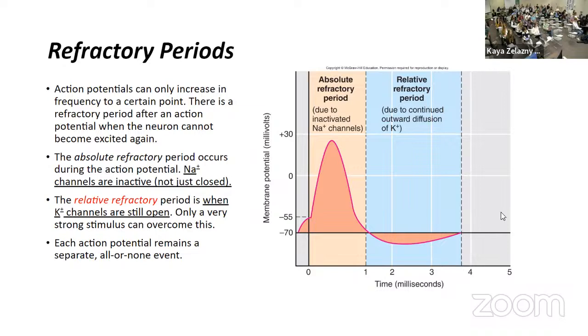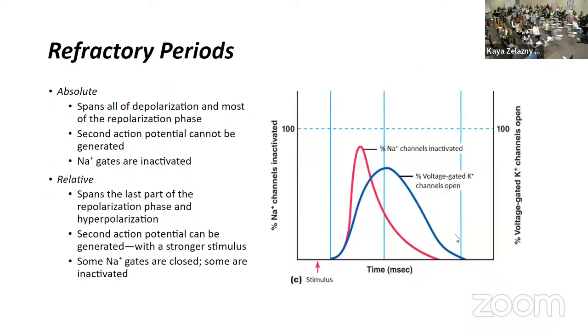Okay. So absolute refractory period first during this main portion, relative refractory period second during this after hyperpolarization part. So we can look just at those channels as well as looking at the point we're in the action potential. So we can separate that out.